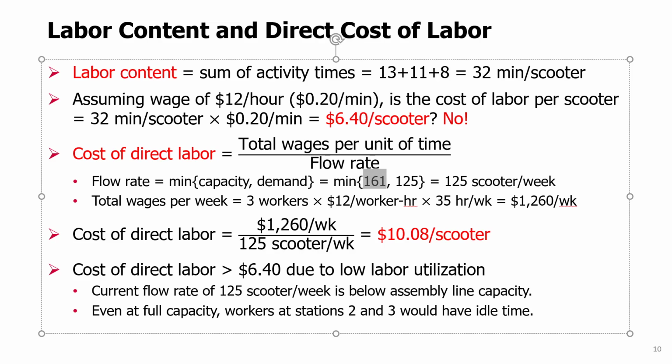And even if we were producing at this capacity, 161 scooters every week, some workers, like worker 2 and worker 3, who have lower activity times than worker 1, would also be underutilized, because they have less work than worker 1, who is the bottleneck.